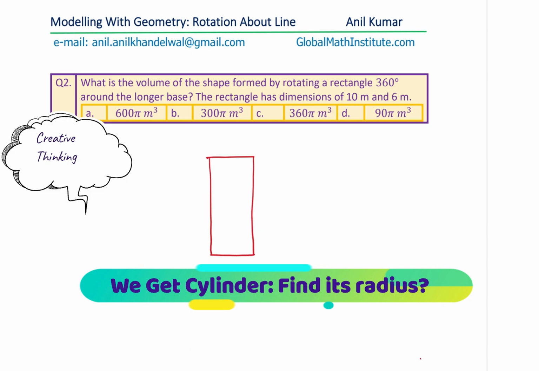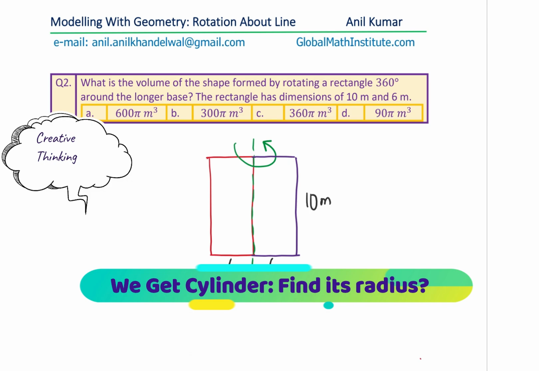So longer base is fixed. This is not going to change. And now you're going to rotate it, right? 360 degrees. So what you get really is a rectangle whose cross section you can now draw clearly from here. You know this is 10 meters, and that is 6, and this is also 6.